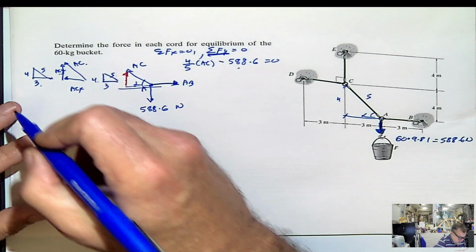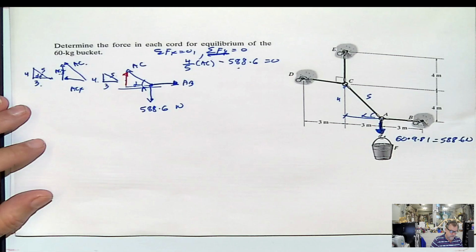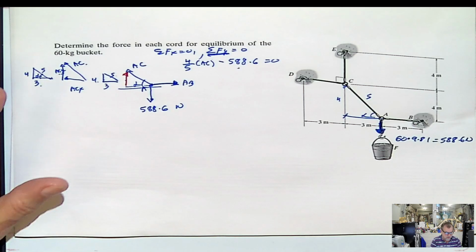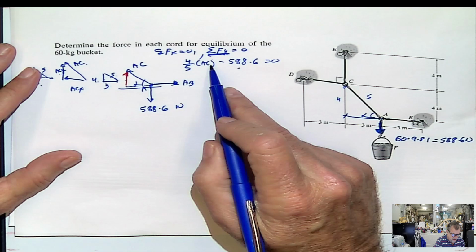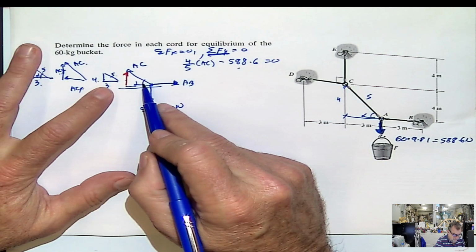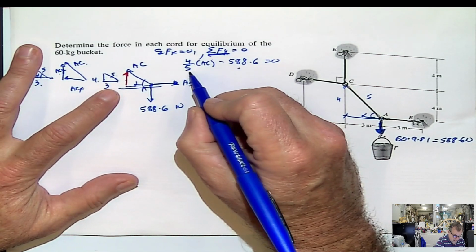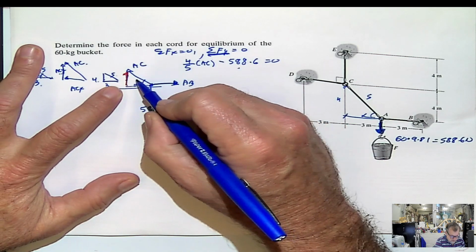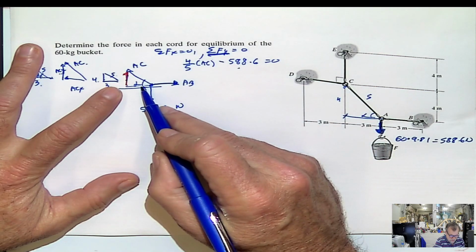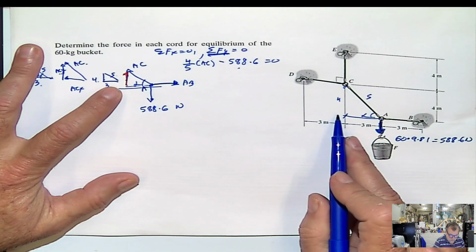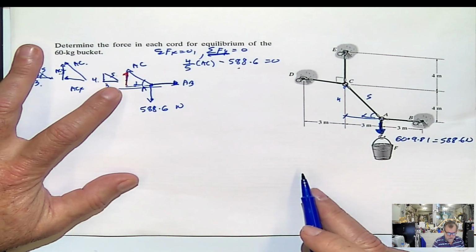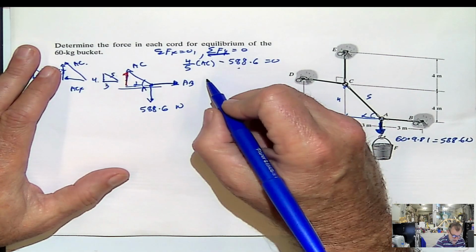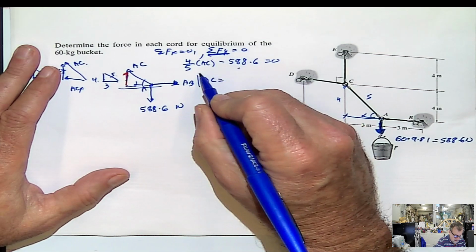If you don't like that, then calculate alpha and use sine and cosine alpha. You can do this by saying 4/5 AC, or you can use the same thing but saying sine alpha AC, and remember alpha is just the inverse tangent of 4 divided by 3. But I stated it like that. I'm going to solve it like that.